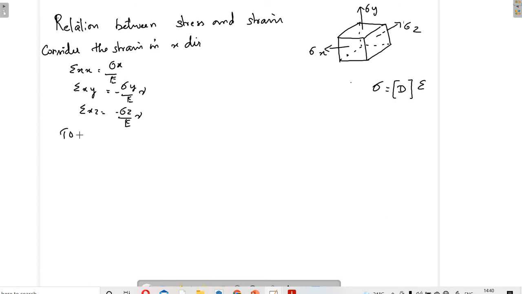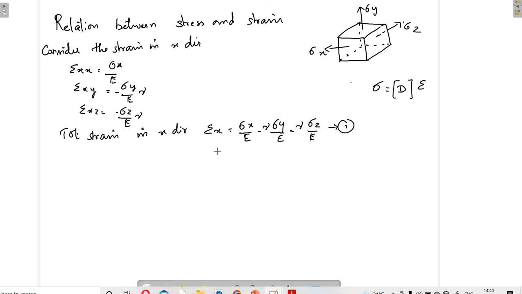So the total strain in x direction is written as epsilon x equals sigma x by E minus nu sigma y by E minus nu sigma z by E. So keep this as equation number 1.